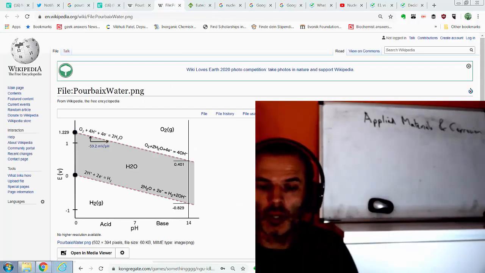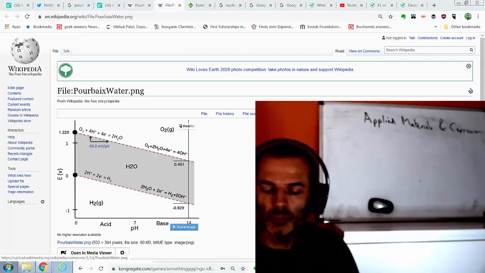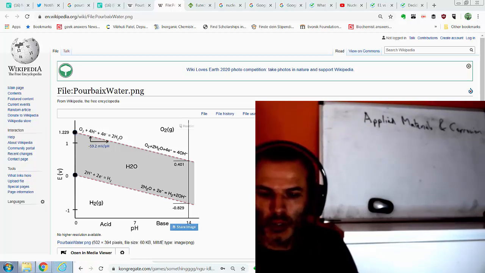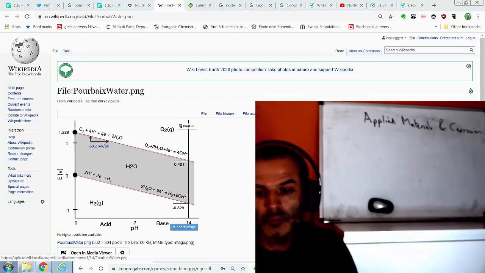So here once again in Wikipedia is the diagram just for water. This is where the two dotted lines come in. So we take the bottom dotted line, we can see it's a reaction between H+ and electrons to form hydrogen.